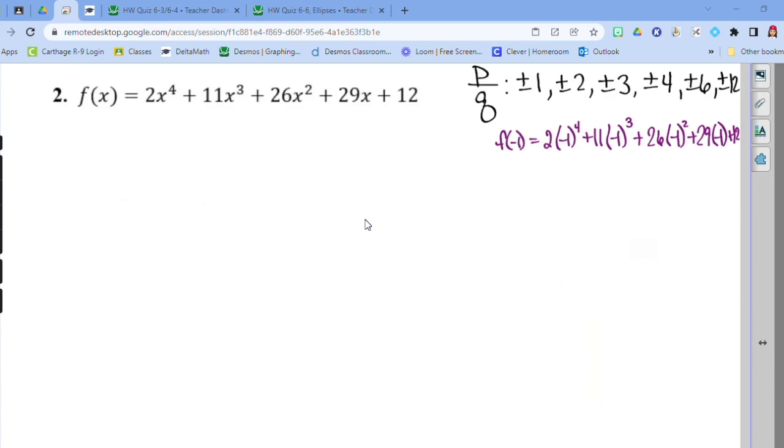When I go through and check all of that, I'm going to have 2 minus 11 plus 26 minus 29 plus 12, and that gives me 0. So negative 1 is the first number I'm going to put in the box as one of my rational zeros. So 2, 11, 26, 29, and 12.